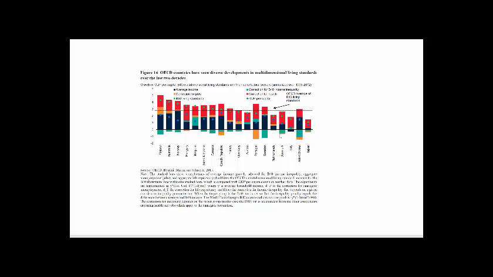So here in this graph, it's kind of a complicated graph. We are looking at different countries. They're OECD countries, these are the rich countries, and the bottom 40 experience in these rich countries in the last 2 decades. So the dotted line right here represents the average of the bottom 40 living standards for all of these rich countries.